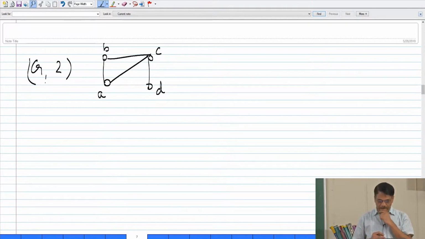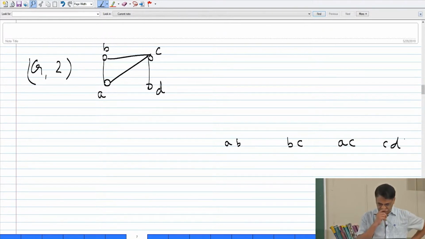Okay. So the way we will do it is for every edge, we are going to construct some little gadget. So let me just see how the gadget will look like. There is a gadget for AB, a gadget for BC, the gadget for the edge AC and the gadget for the edge CD. These are the 4 edges here. I will have these 4 gadgets.